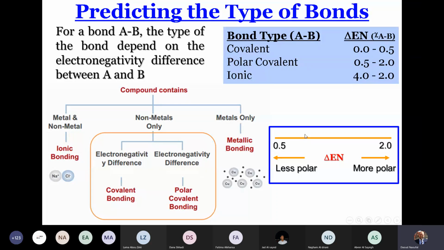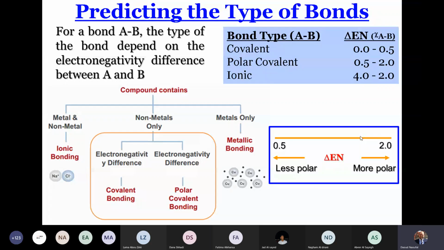For example, suppose you have a bond with a difference of electronegativity delta EN 1 and another bond with delta EN 1.5. The bond with delta EN 1.5 is more ionic than the first, or we can say the bond is more polar than the first.